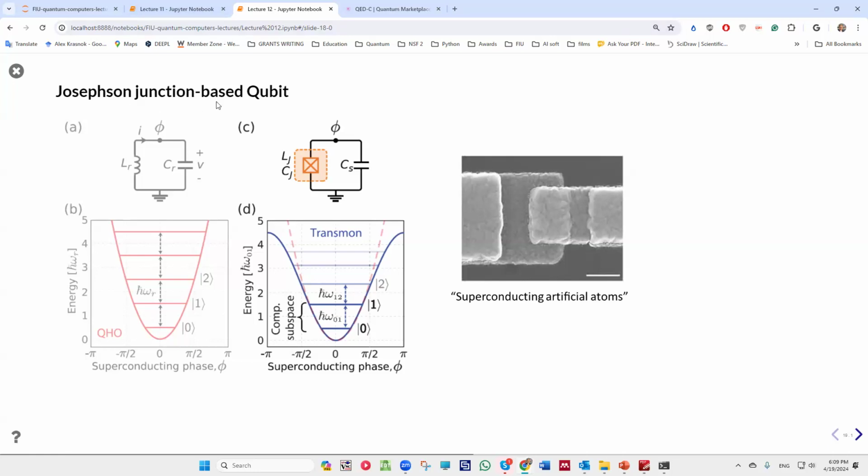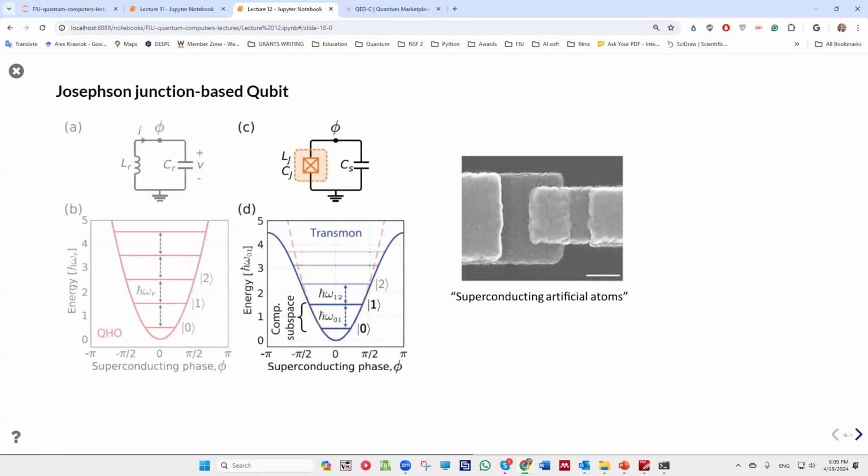So this is what a Josephson junction-based qubit is. We add a Josephson junction in a resonator. This resonator, by the way, can be of any type. It can be a bulk resonator, it can be a metallic cavity, it can be whatever. If you take a metallic can that can store energy at the particular frequency of interest, and add a device like this inside your can, like a coffee can, it will be a qubit.